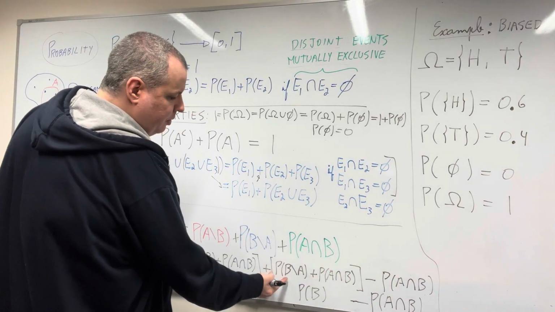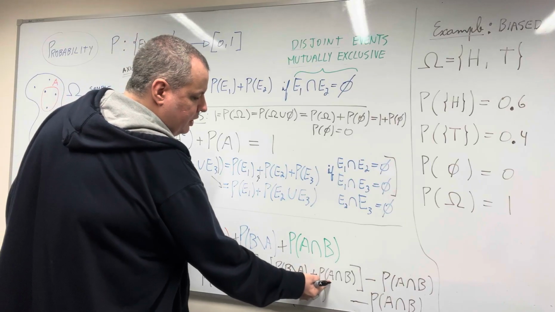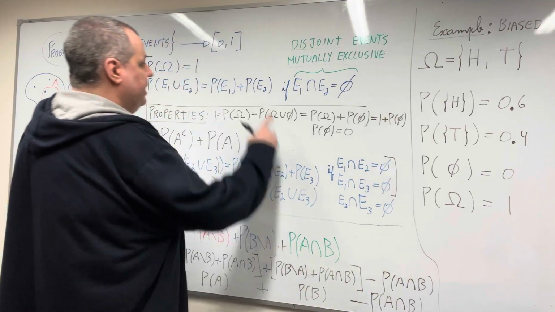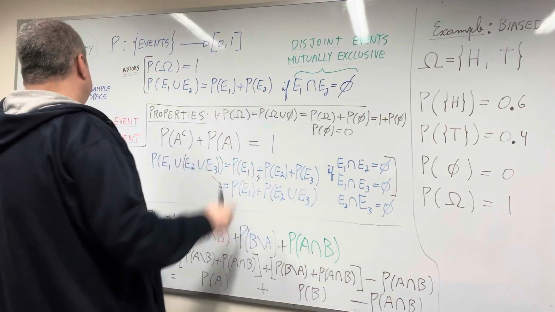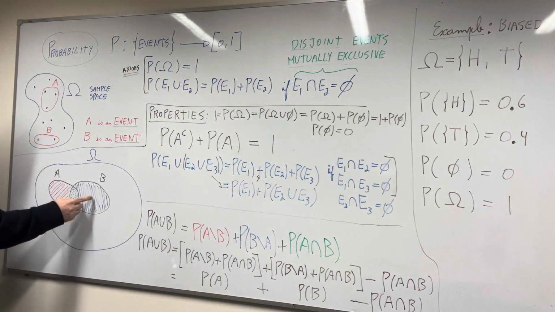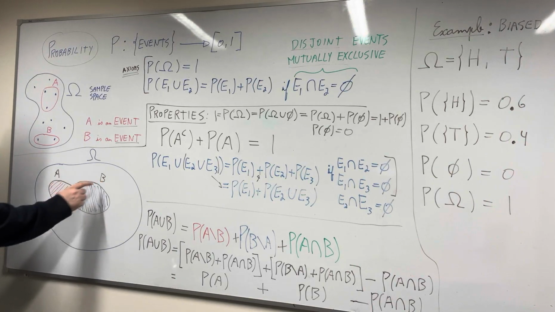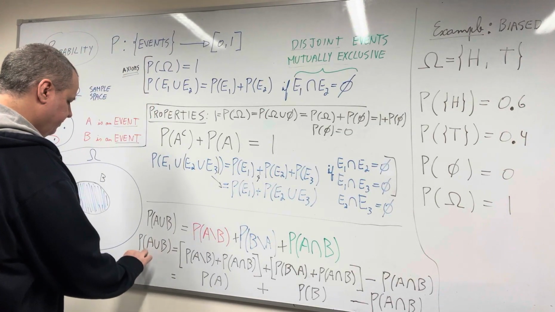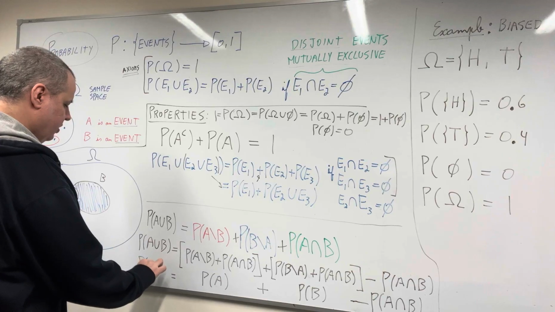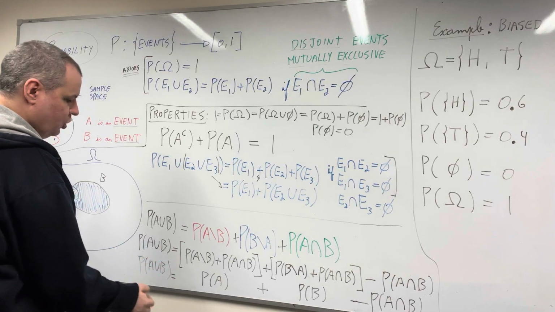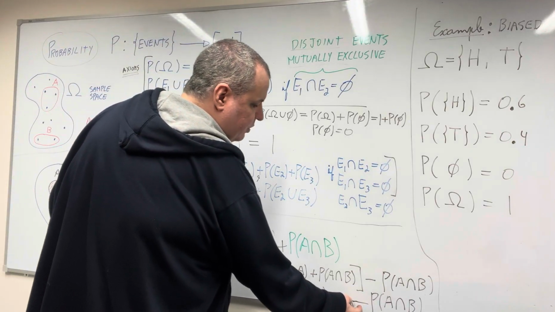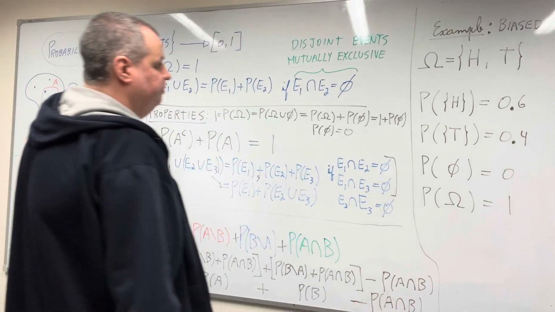This part here, the probability of B minus A plus the probability of A intersection B, is exactly the probability of B, again by this property here. Points that are in the blue region or the green region are the points of set B, of event B. Okay? So the probability of A union B is always the probability of A plus the probability of B minus the probability of the intersection.